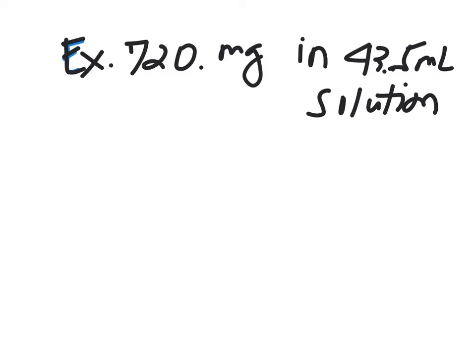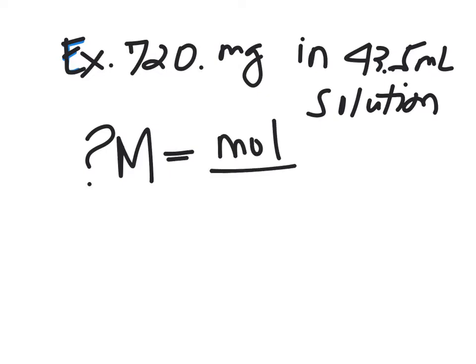So our total volume of solution is 43.5 mL. We want to know what is the molarity, or big M, of this solution. Molarity has units of moles of solute per liter of solution. So let's calculate the moles first.